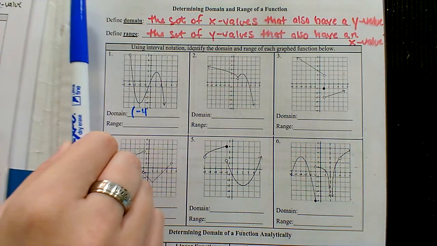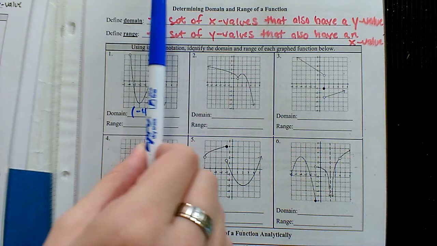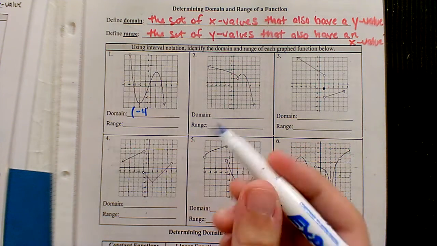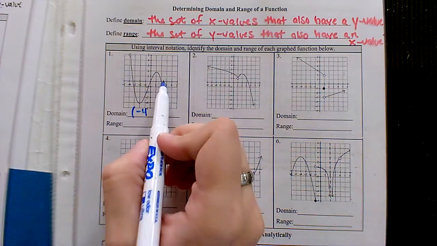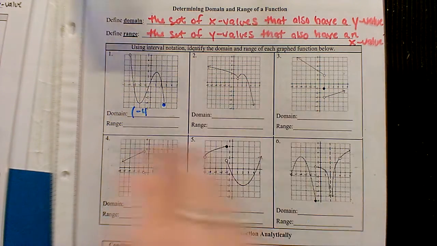In other words, where is there no more point or points located? Where are we going to end? 2.5. Somewhere right here. If there was a closed or open circle there, we would end there.